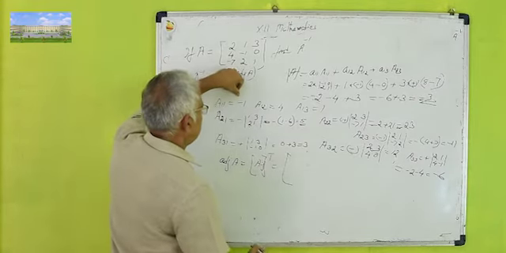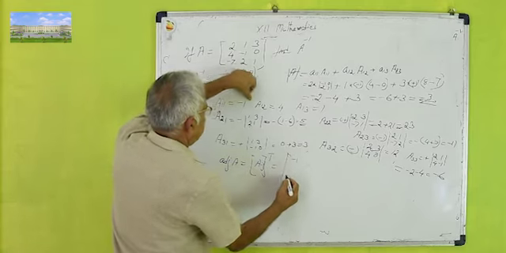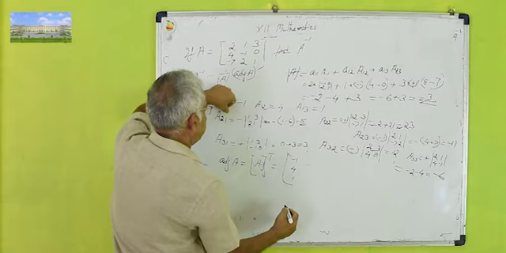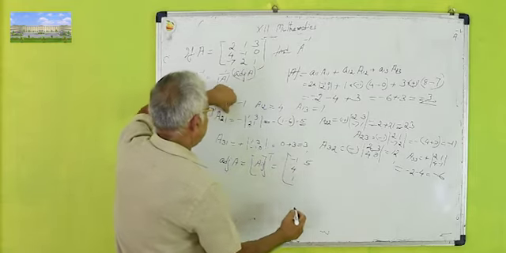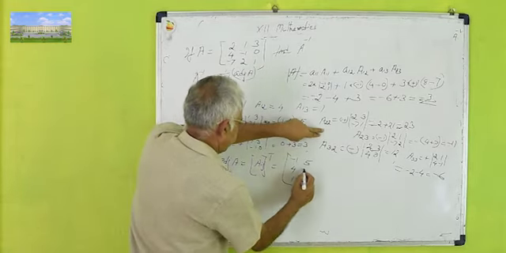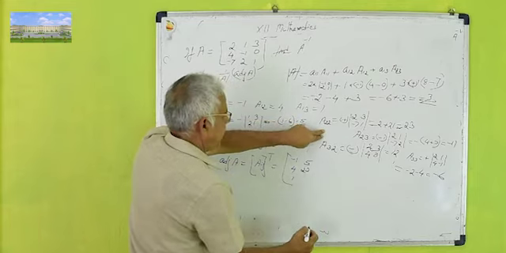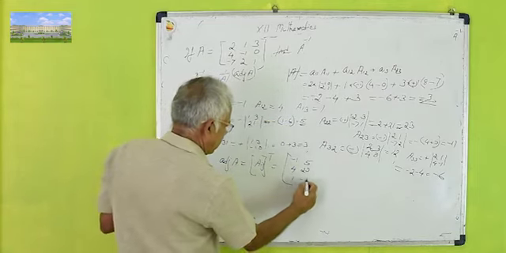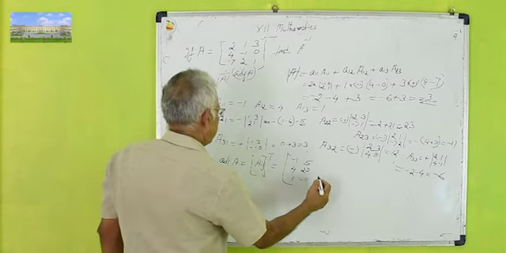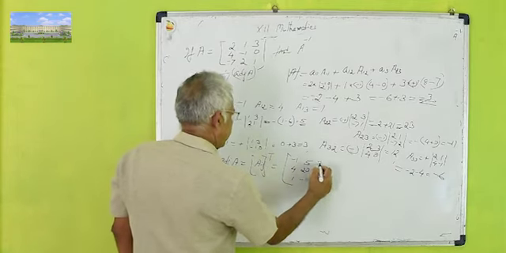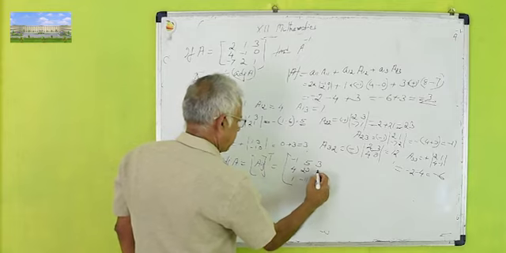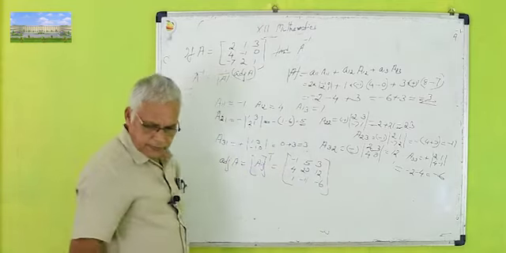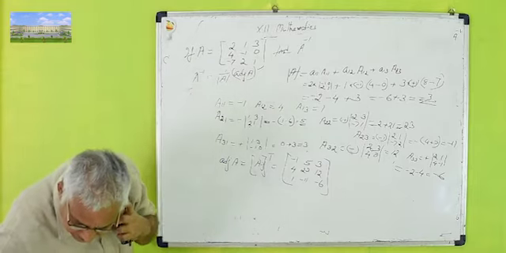A11 we get minus 1, A12 4, A13 1, A21 5, A22 23 and A23 minus 11, A31 3, A32 12, minus 6.